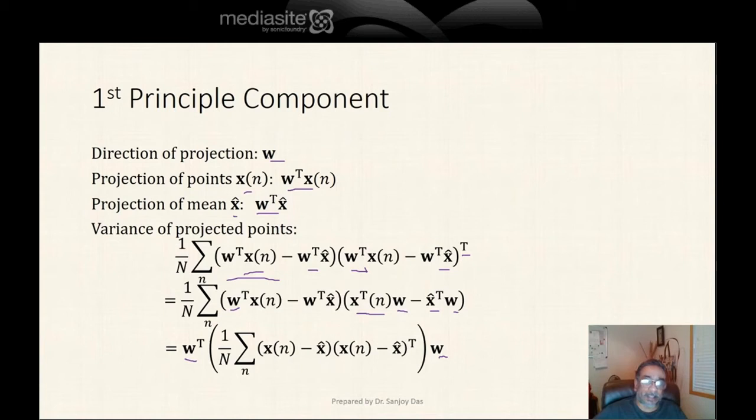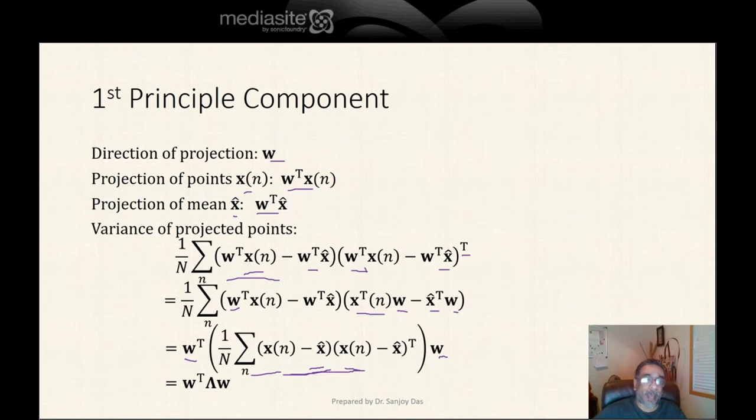What's inside this parenthesis is 1 over n summation of (xn minus x hat)(xn minus x hat) transpose, and this is simply the expression for the covariance matrix lambda.